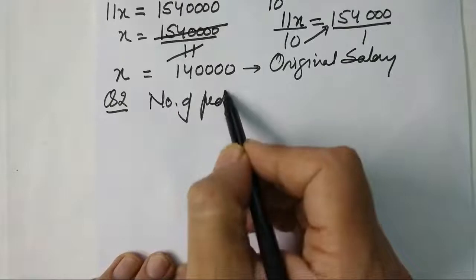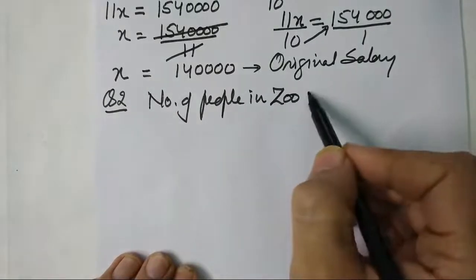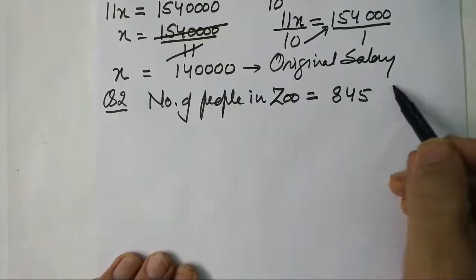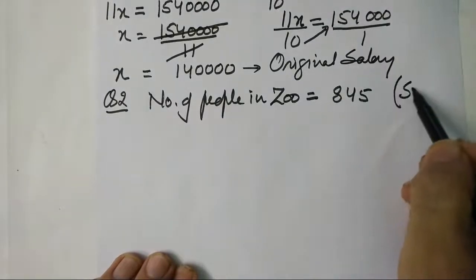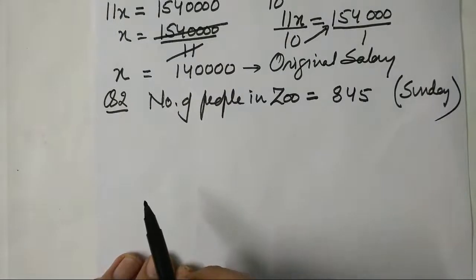Number of people in the zoo are 845. They went on Sunday. Then on Monday only 169 people went.